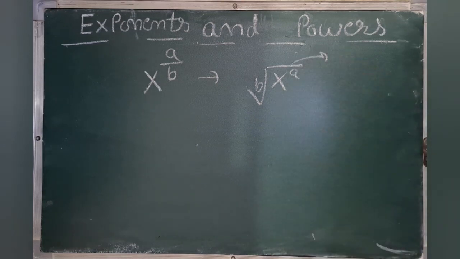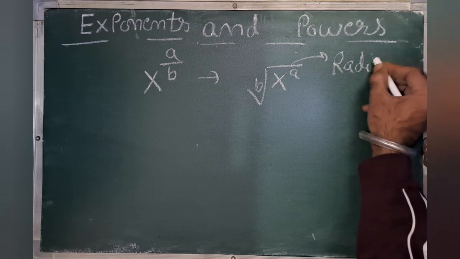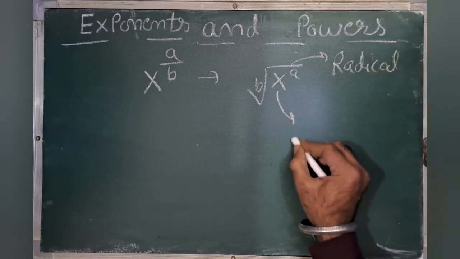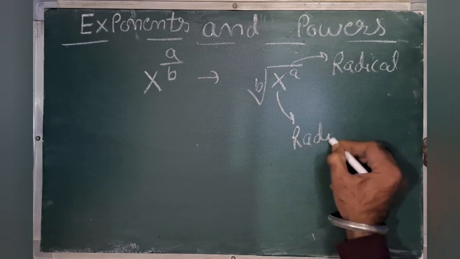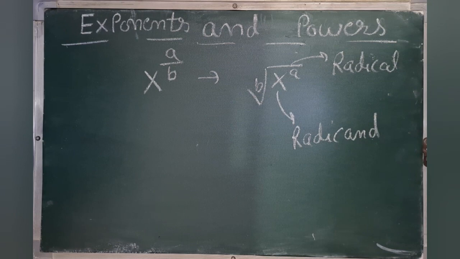This root sign is called a radical, and this x is called a radicand.